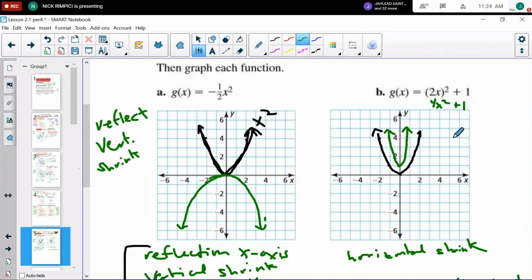The reason they do that is because 2x times 2x is 4x squared, and then plus 1. But these are actually the same graph. This horizontal shrink is equal to a vertical stretch because they're inversely related. Shrinking horizontally is the same as stretching vertically.